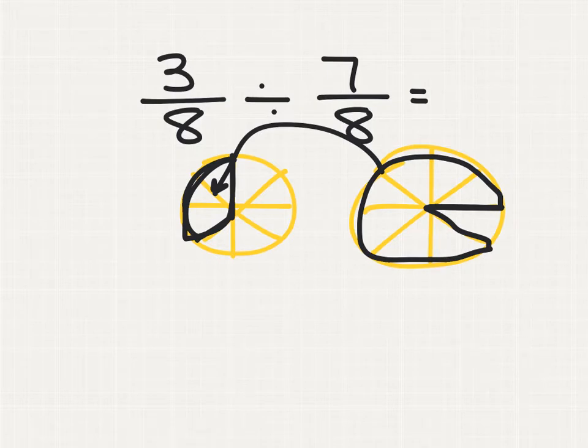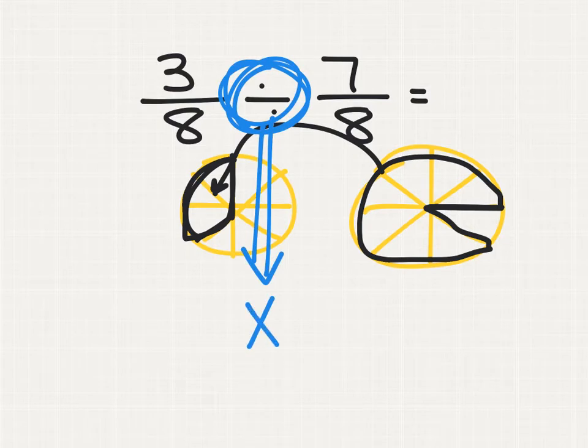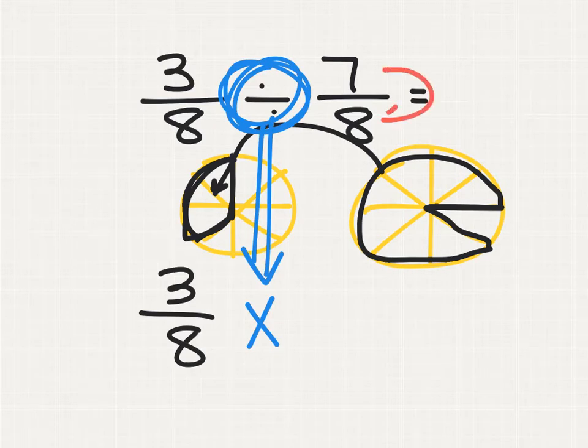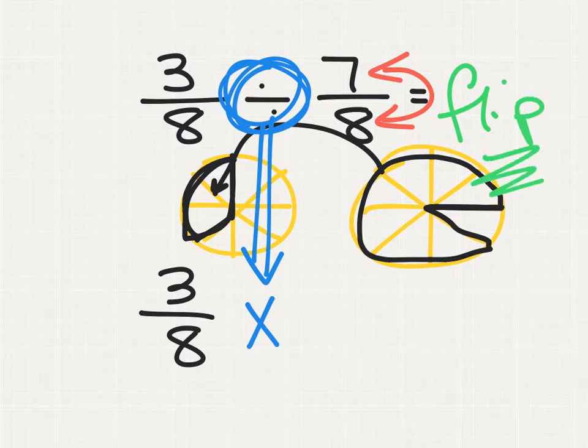Here's how. I change division to multiplication. I keep my first fraction, and I simply flip my second one. I flip the divisor to its reciprocal.